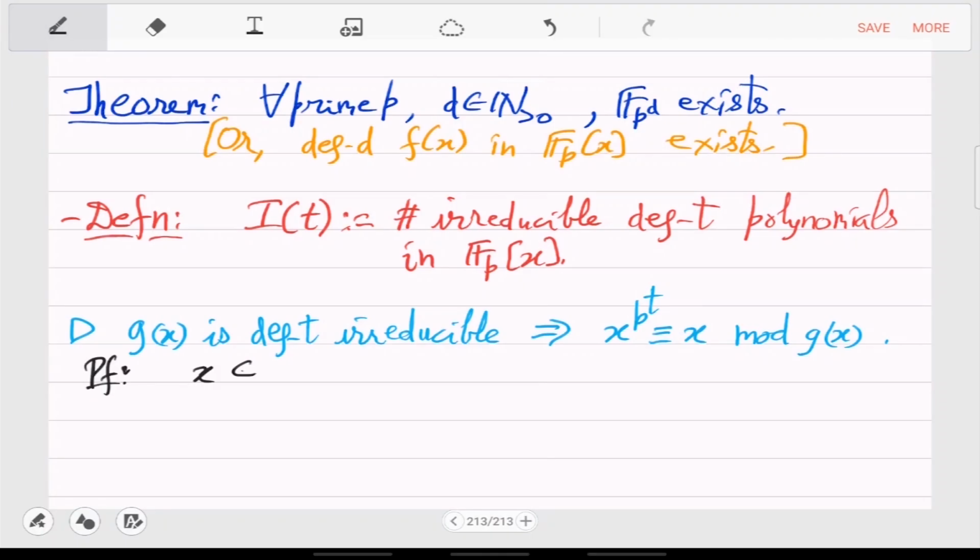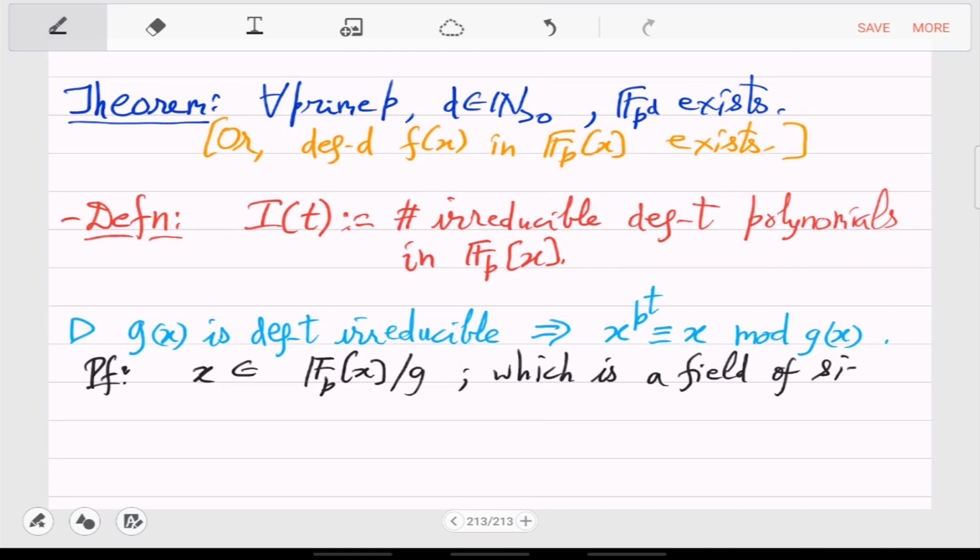So x is an element in Fp[x] mod G, which is a finite field of size p to the t, which from the previous property means that x to the p to the t is x.